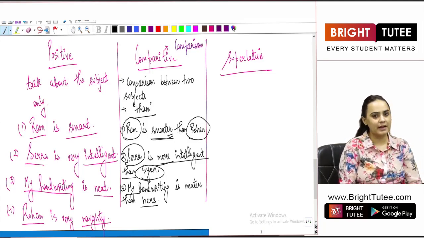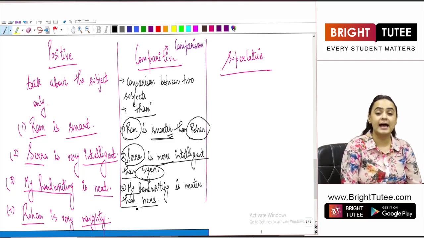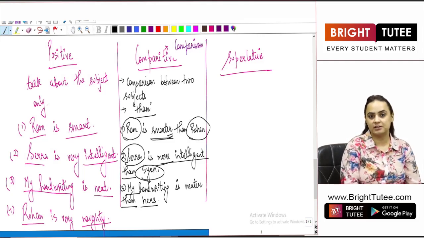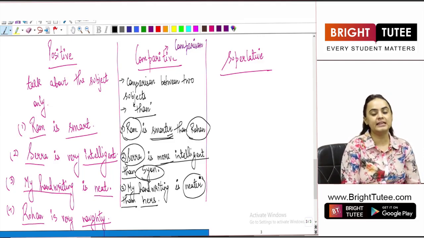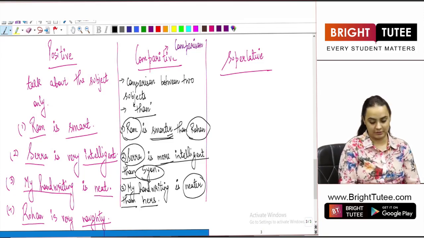So there is a comparison. I have used "than" also, which indicates a comparison. And what is the comparative degree of neat? Neater. That is why I used the comparative degree.